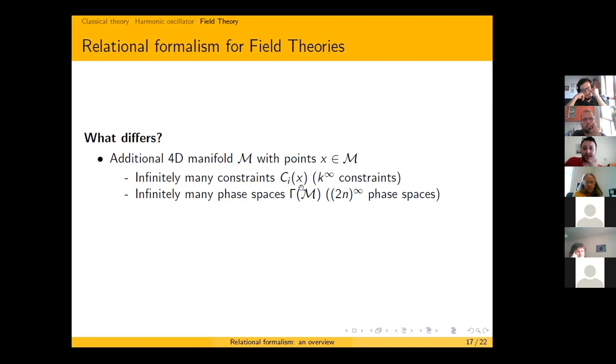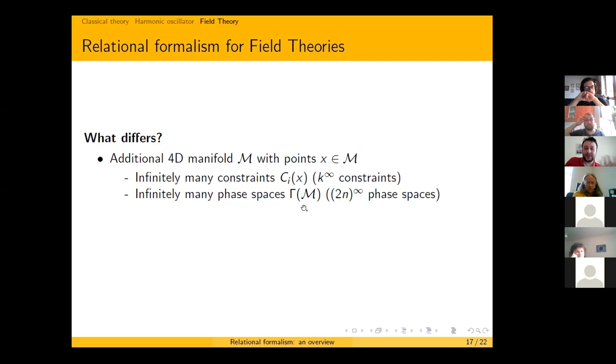Also, a difference is that we don't have just a fixed phase space, but the phase space also depends on the point, because if we fix a point, then exactly at that point we have fields which give rise to this phase space.